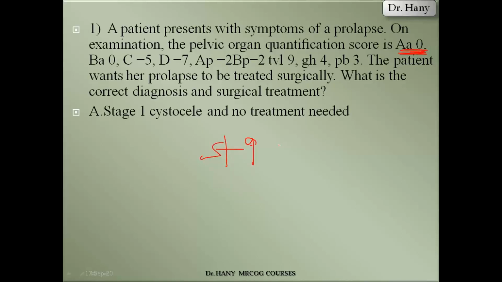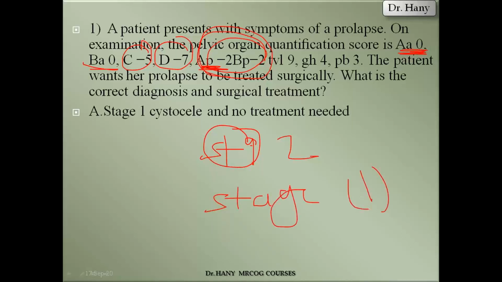Stage 2, anterior wall prolapse. And B at 0, stage 2. C is high. D is high. B, AP at -2. So this is stage 1.